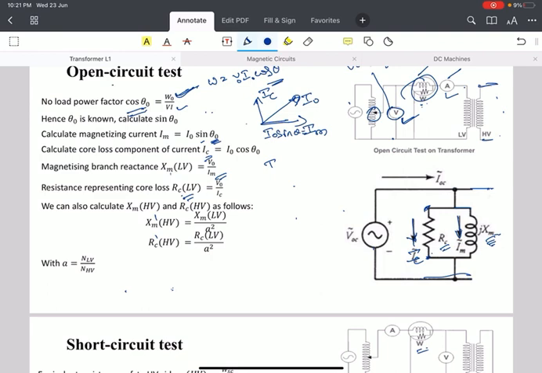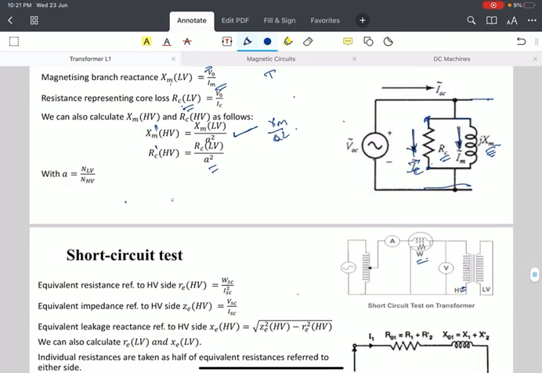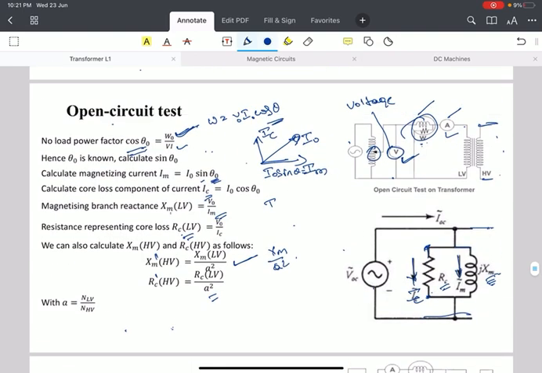Similarly, the magnetizing component with respect to the HV side can be calculated using Xm by A square, which you have found out in the previous classes, and the core loss component using Rc by A square. So Rc dash is equal to Rc by A square, and Xm dash is equal to Xm by A square. So the open circuit test is performed in order to calculate the parallel components, that is the core loss component and magnetizing component. This is about the open circuit test.